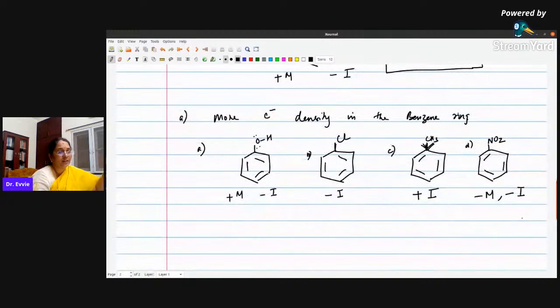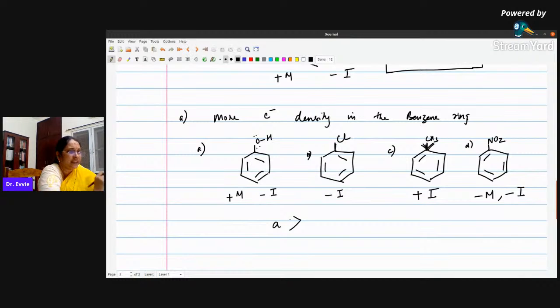Okay, so based on this rule, what I told you, the resonance will always take the command. So now we know A will have more electron density. Okay, that is very clear.